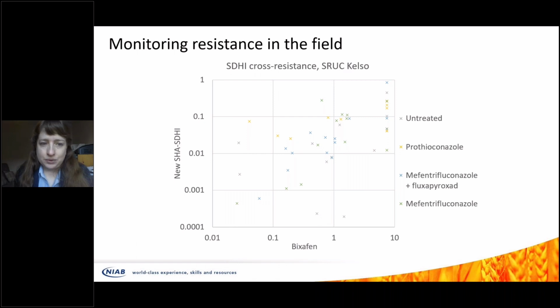And if we look at cross-resistance with some of the new SDHIs that should be coming online in the next couple of years, again, it's not a perfectly straight line, but if you look in the upper right-hand corner, there are some isolates cross-resistant to both. So these are still one mode of action.